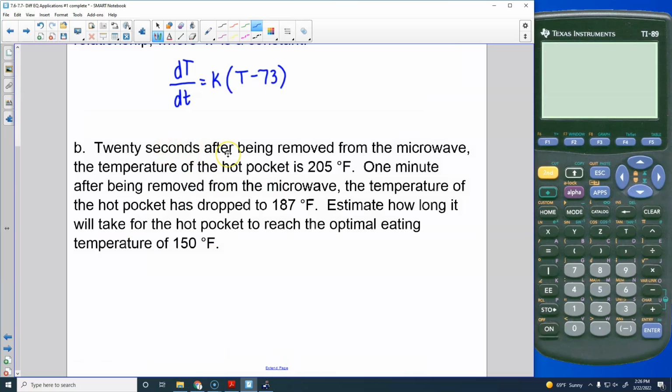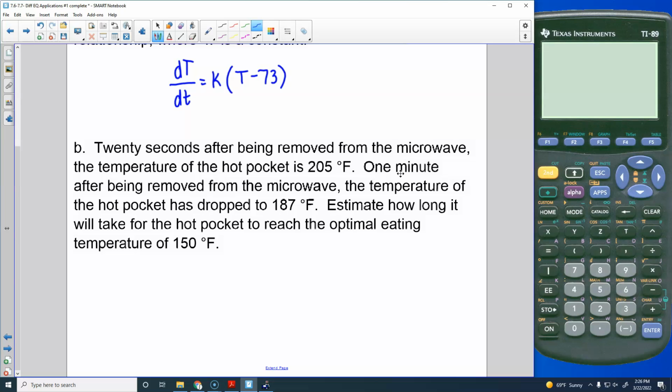20 seconds after being removed from the microwave, the temperature of the hot pocket is 205 degrees Fahrenheit. I use 20 seconds because unless you have a super good instant read thermometer, you're going to have to wait just a little bit for it to reach its actual temperature there. So, just trying to be realistic here. 1 minute after being removed from the microwave, the temperature of the hot pocket has dropped to 187 degrees Fahrenheit.